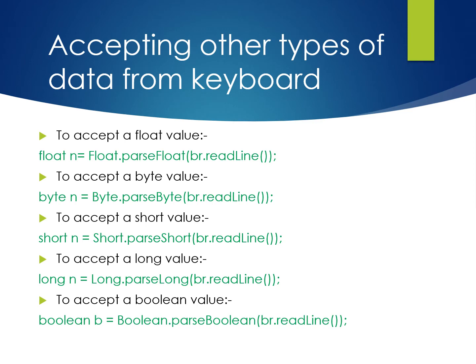Similarly, we can accept a short value by the Short.parseShort method: short n = Short.parseShort(br.readLine()). And a long value as long n = Long.parseLong(br.readLine()). And a boolean value as boolean b = Boolean.parseBoolean(br.readLine()), etc.